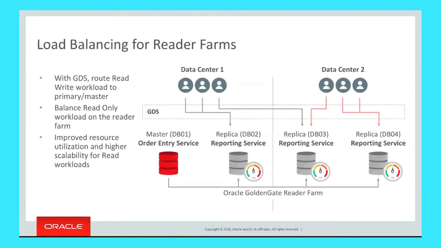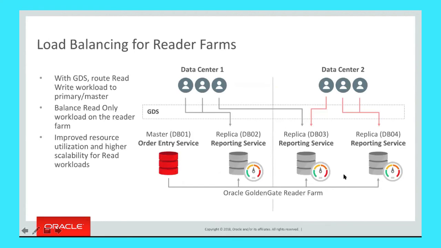Now, how about reader farms? Many customers do this. They have one database that's executing the read-write workload, and they have a pool of databases that are the replicas of the master. In this example, DB02, DB03, DB04 are the replicas on which a read-only workload is being run via the reporting service.